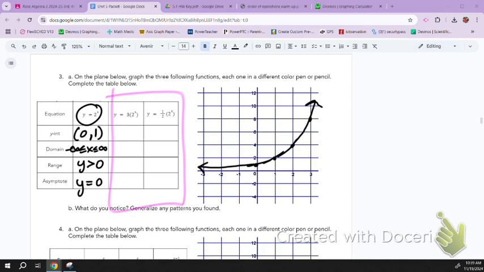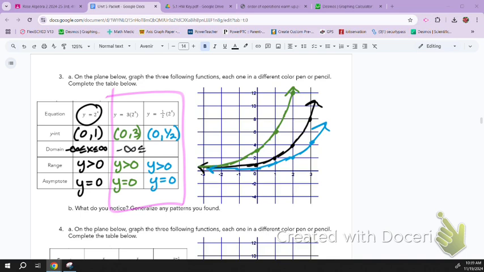What's going to change? You guys ready to discuss? Because we still have one more graph to do in Desmos.